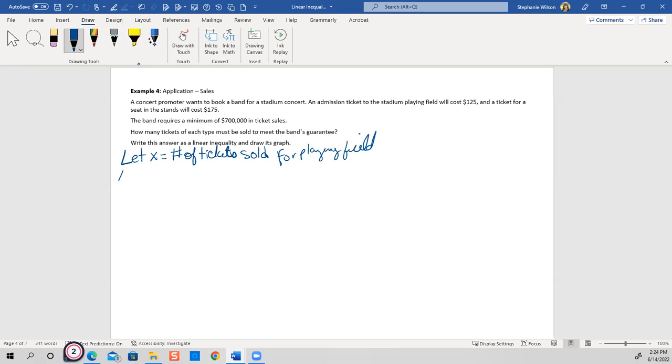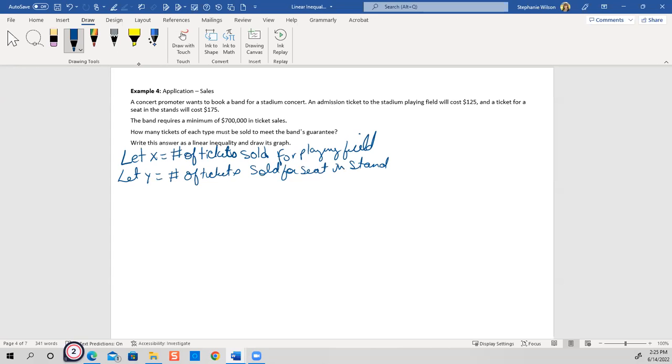I'm going to let y equal the number of tickets sold for seats in the stands.